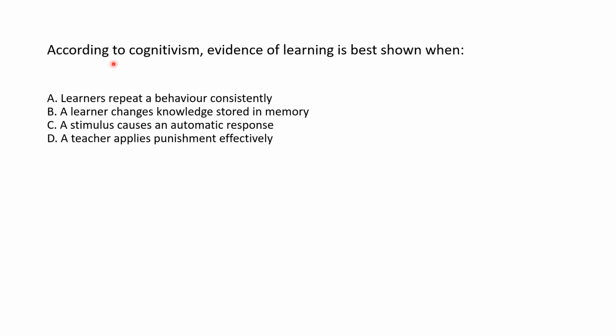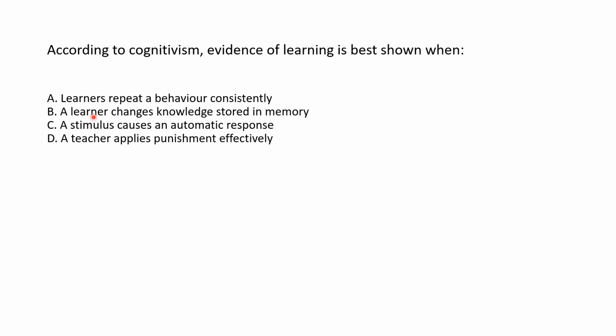According to cognitivism, evidence of learning is best shown when learners repeat behavior consistently, or when a learner changes knowledge stored in memory. Once we are talking about cognitivism, anything about cognitivism is about the memory, the brain.